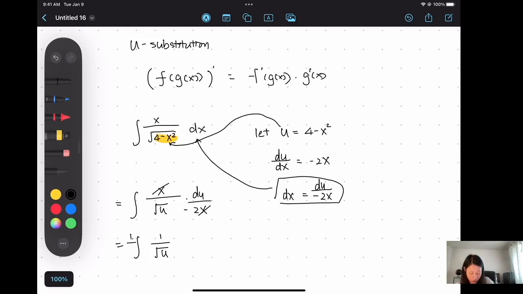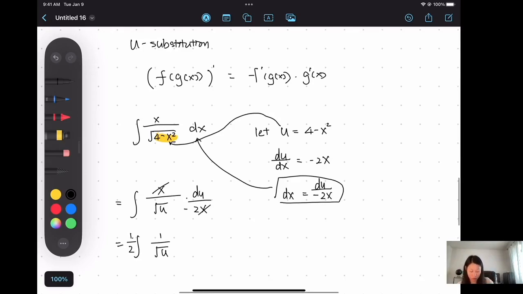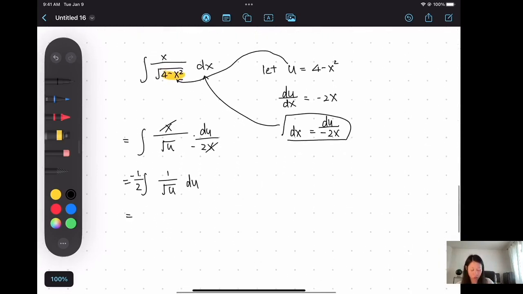Since it's a constant, I can pull the negative 1 over 2 out, and du. So in order to make it easier for us to get the antiderivative, we can rewrite this into exponential form. So I have u to the negative 1/2 du.